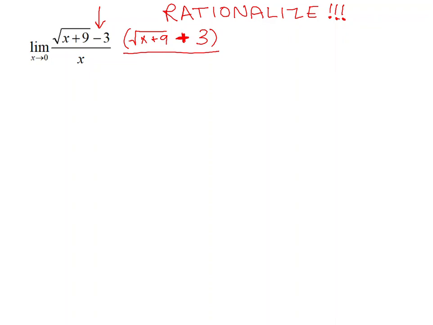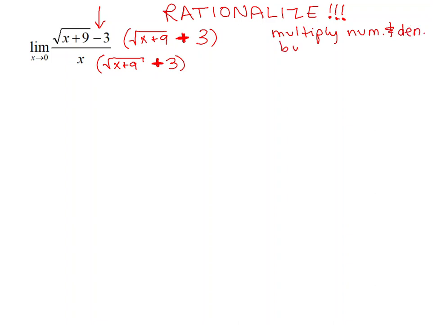And because we did it in the numerator, we're going to do it in the denominator, meaning also multiply the denominator by square root of x plus 9 plus 3. So to rationalize means that we multiply numerator and denominator by the conjugate. Let's see how that helps us.